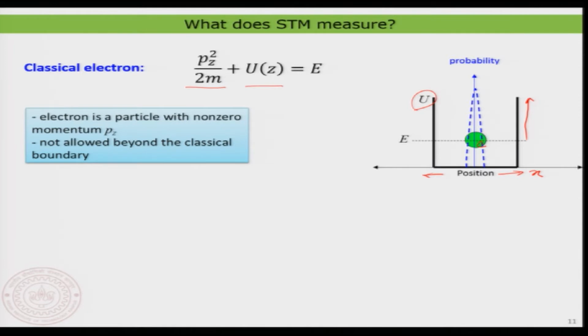That is very straightforward, and it means you would always find the electron there, and nowhere else. This is what the classical electron means, because it behaves as a particle. That is the classical description.